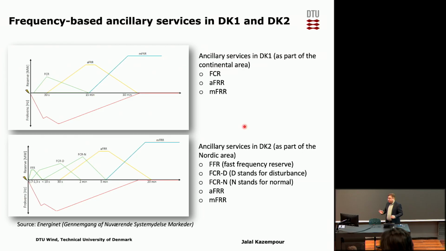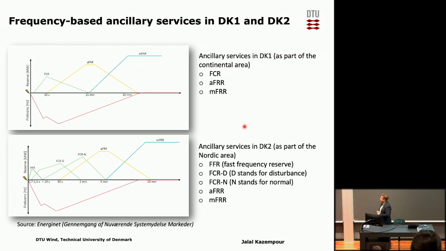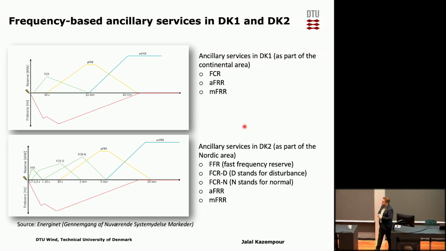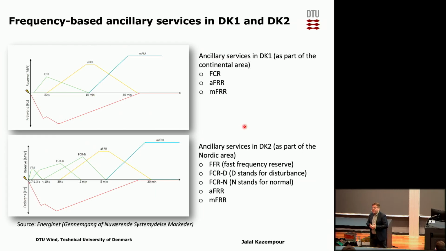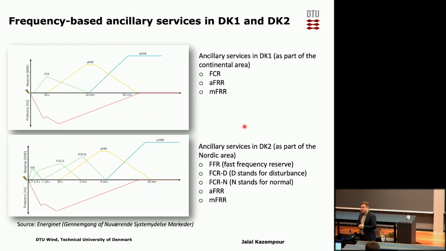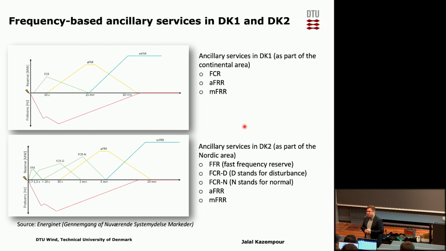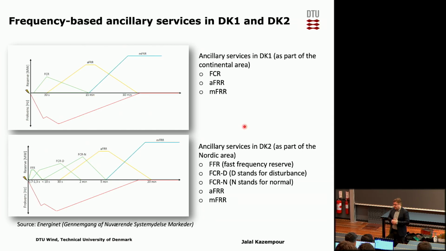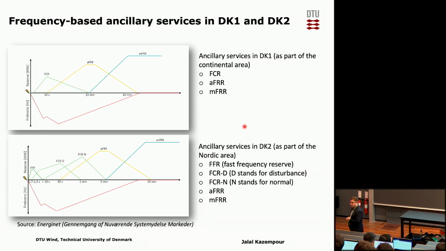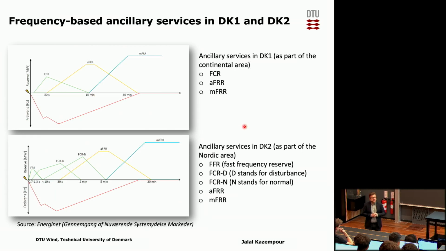Then remember these pictures from lecture number 6. The upper plot shows the three main ancillary services in DK1 and in continental Europe. So we talked about FCR, Frequency Containment Reserve, aFRR as the second fastest service, Automatic Frequency Restoration Reserve, and then mFRR, Manual Frequency Restoration Reserve.